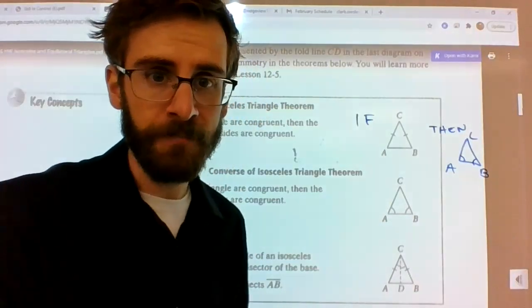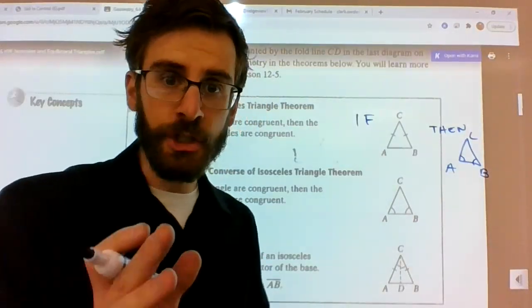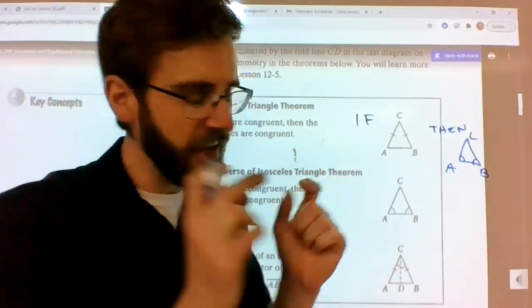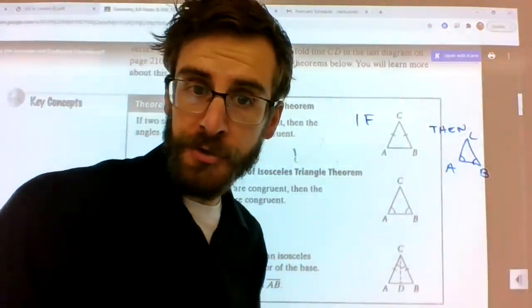It's as simple as that. If you've got a triangle that shows two congruent sides, then their opposite angles are also congruent.